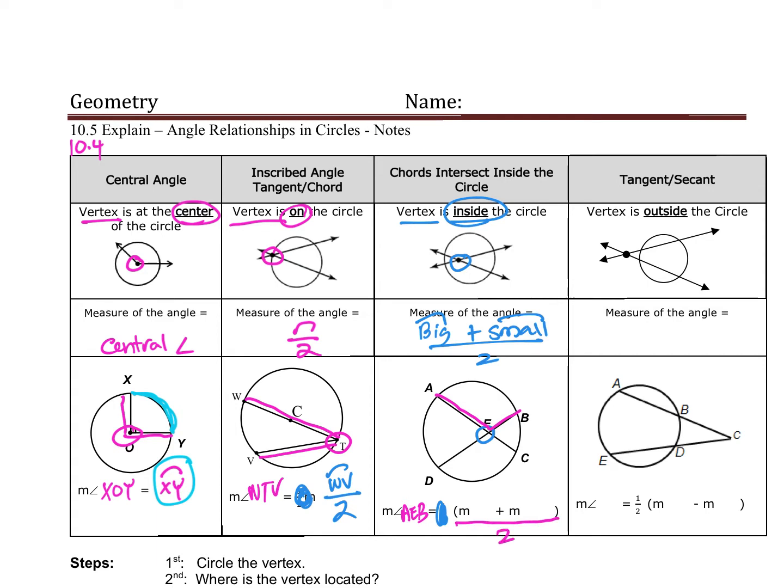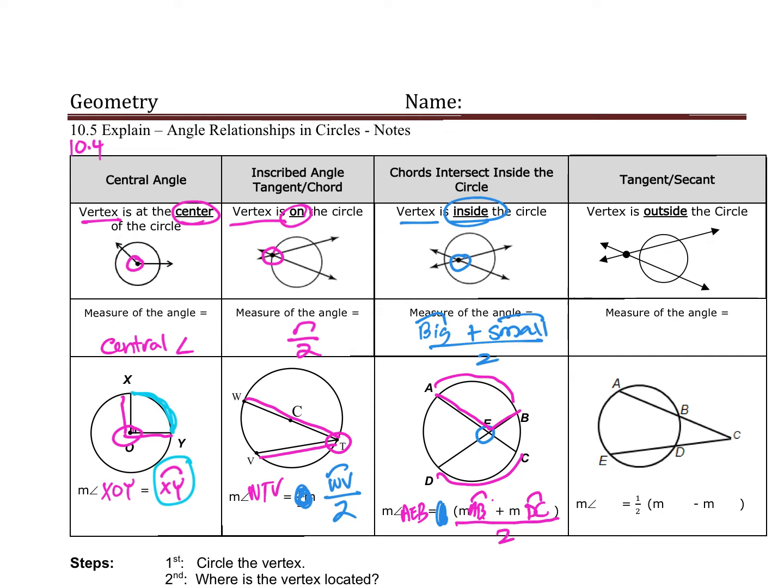So the big arc, well, we really don't know on this one. So if I look and say my big arc is A to B, and the measure of the small arc, which is D to C, then you're going to divide it by 2.